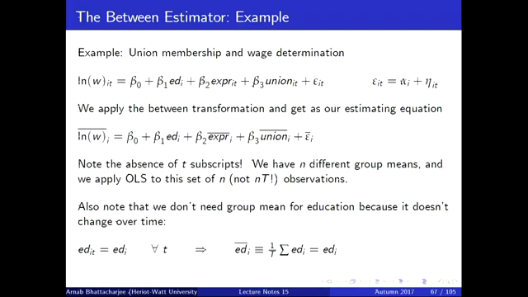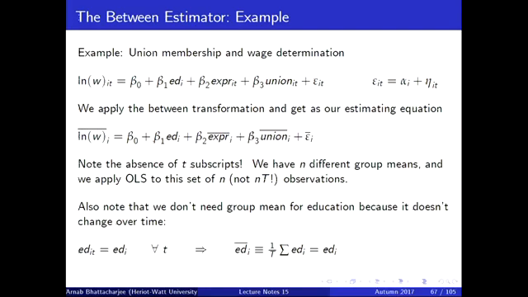Okay, we are now going to apply OLS to this. There are n observations. All right. See that you don't need a group mean for education because it doesn't change over time.